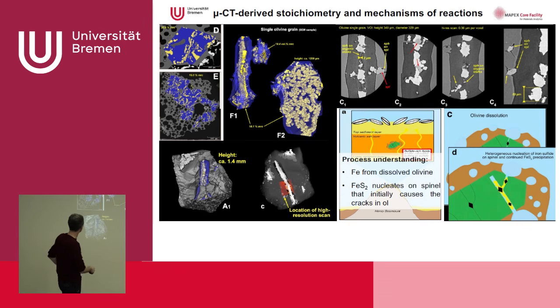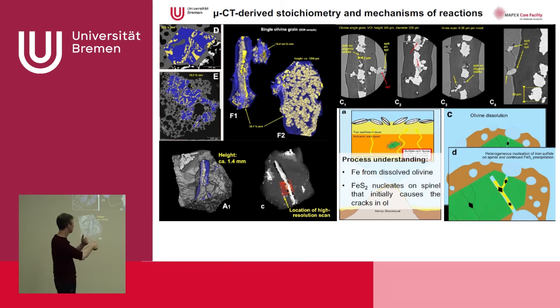So what I did, I measured the volume of the whole dissolved olivine. That means I measured the pore space, 3D model, and added, of course, the volume of the newly precipitated iron sulfide, because once the olivine is gone, this porosity and newly precipitated iron sulfide, that is the same amount of olivine that has been lost.